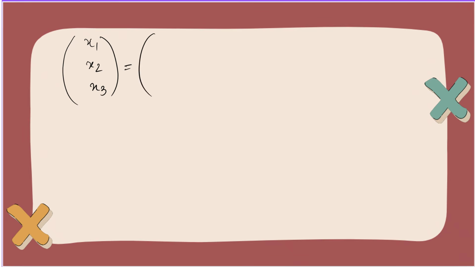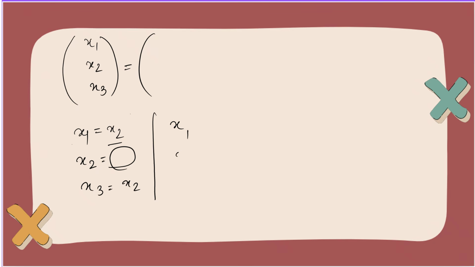If you write x1 in the form of x2, then x2 is as it is, and you express x3 in the form of x2.